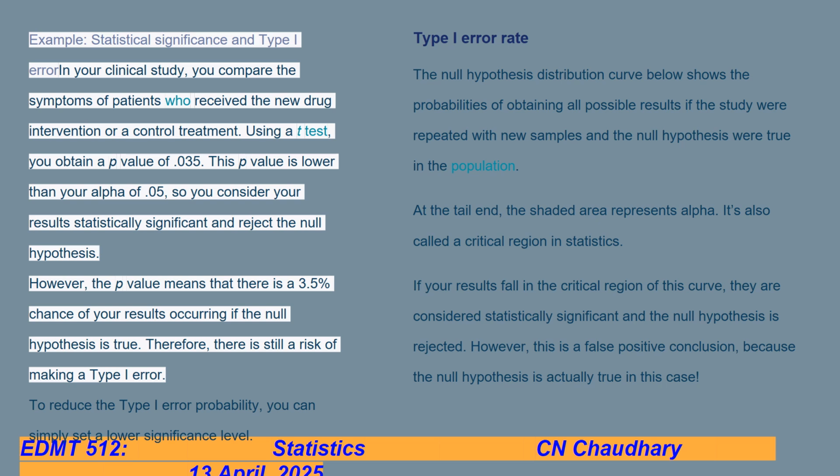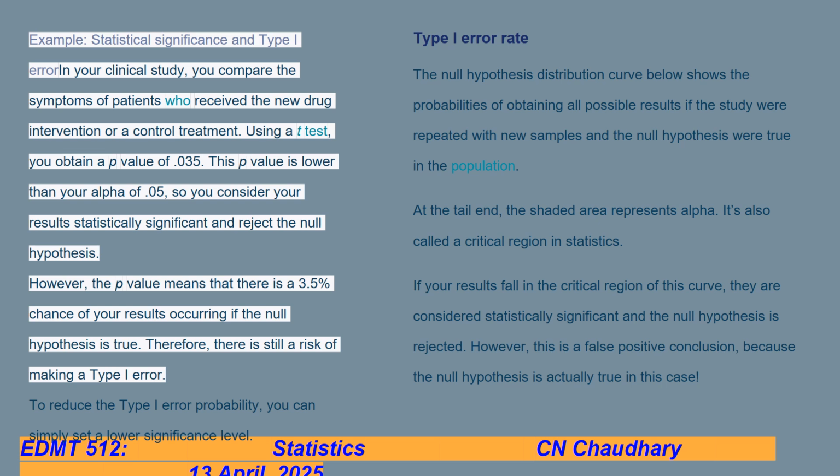For example, statistical significance and type 1 error. In our clinical study, we compare the symptoms of patients who received the new drug intervention or a control treatment using a t-test. We obtain a p-value of 0.035.